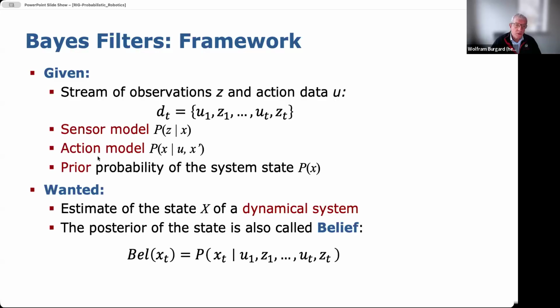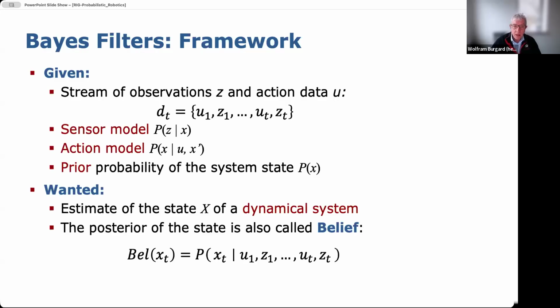And then we also have a so-called action model, which provides us with the probability of ending up in X given we were in X prime before and executed an action U. Nowadays it's also called a world model. It tells us how the world changes given it was in a state before and we executed a certain action.